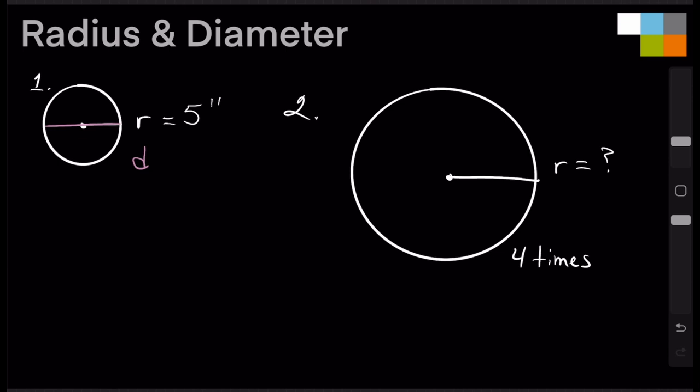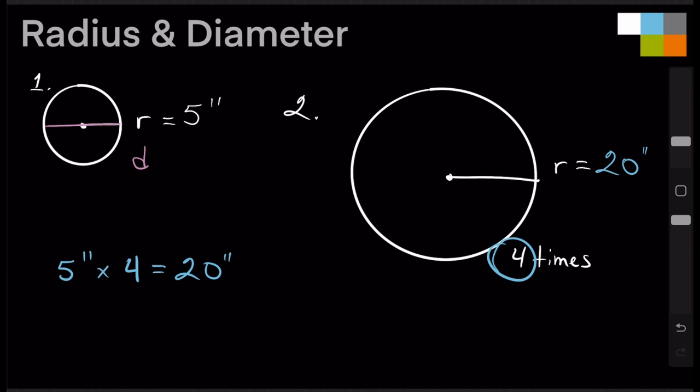If I know that circle number 1 measures about 5 inches, and I know that circle number 2 is 4 times bigger, I can use this information to multiply both of the numbers. 20 inches. I took the radius of circle number 1, I multiplied it times 4, and this tells me that the radius of circle number 2 is 20 inches.